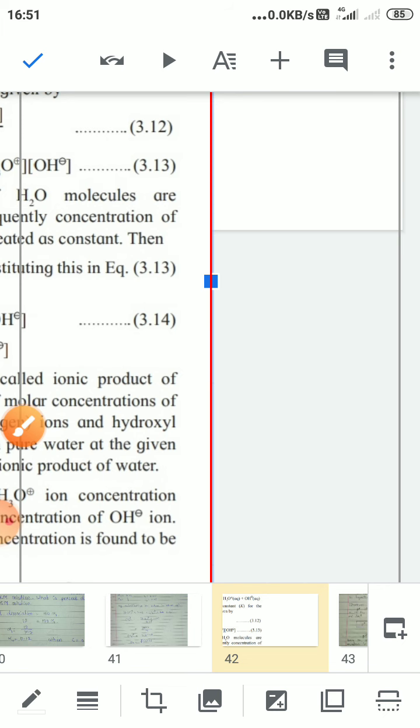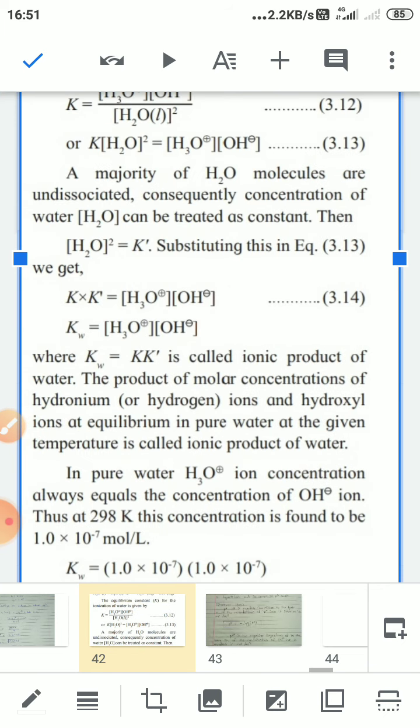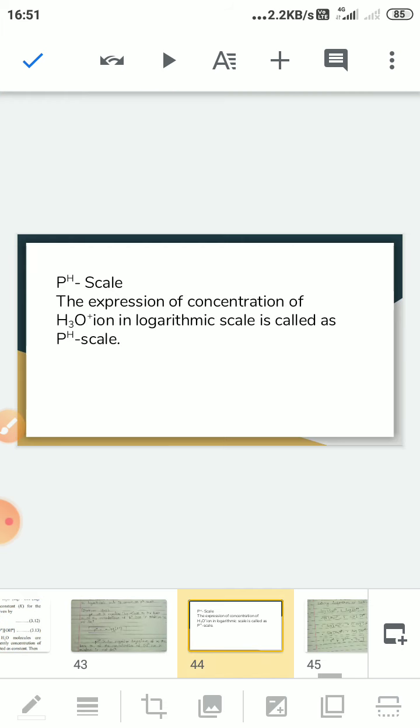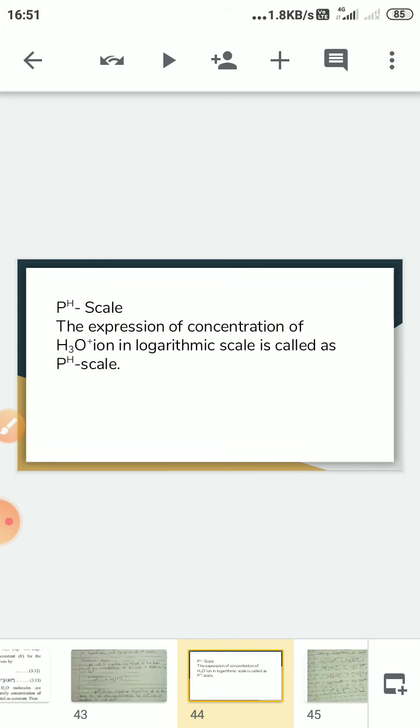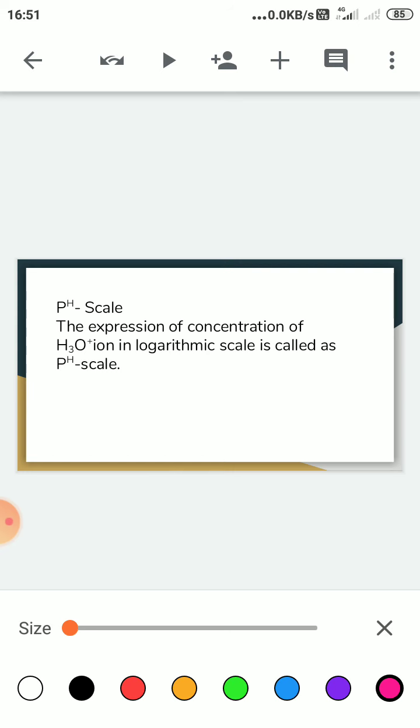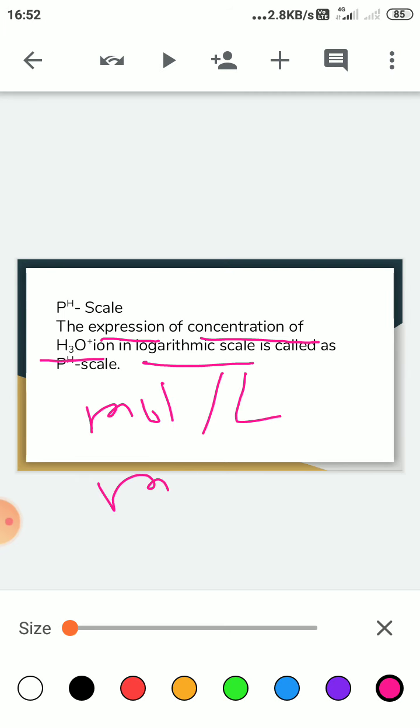Next point is pH scale. What is meant by pH scale? The pH scale is the expression of concentration of H3O plus ion in logarithmic scale instead of mole per liter or mole per decimeter cube.